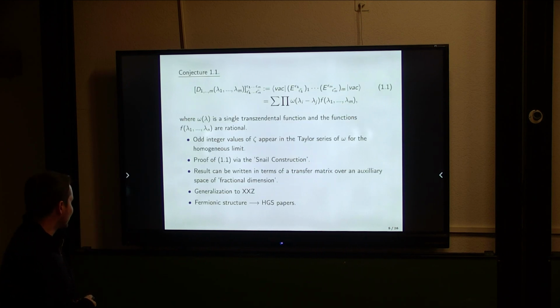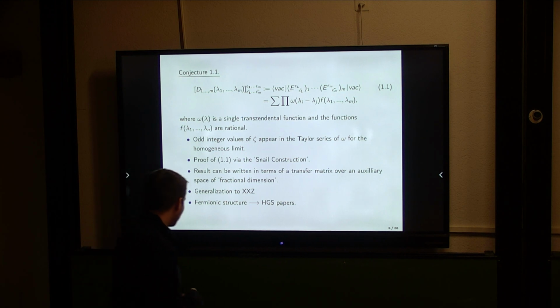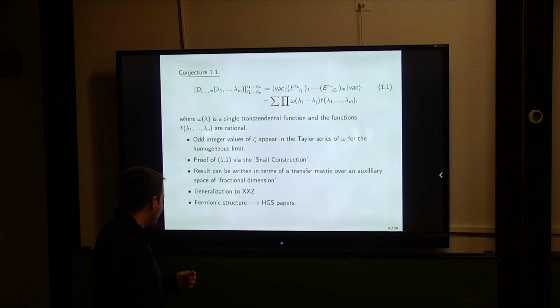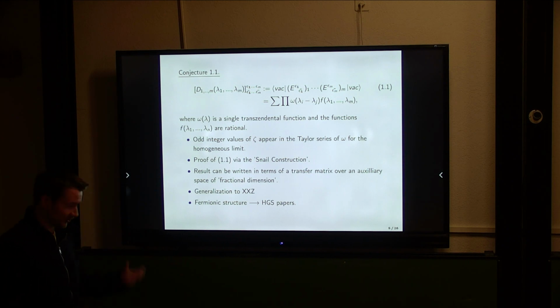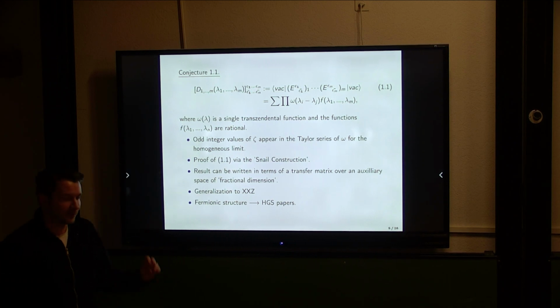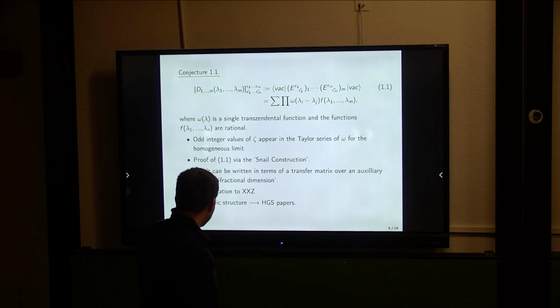So the result can be written in terms of a transfer matrix over an auxiliary space of fractional dimension, which is quite funny. And it could be generalized to XXZ later.